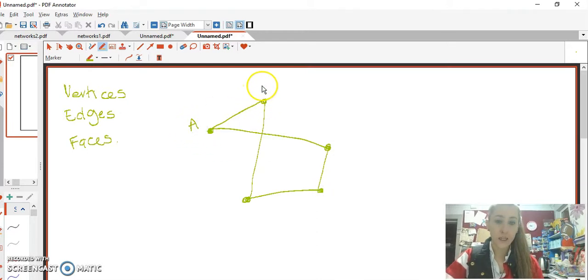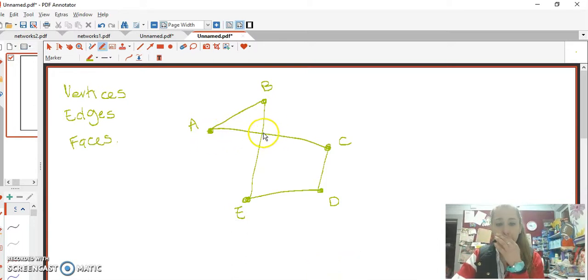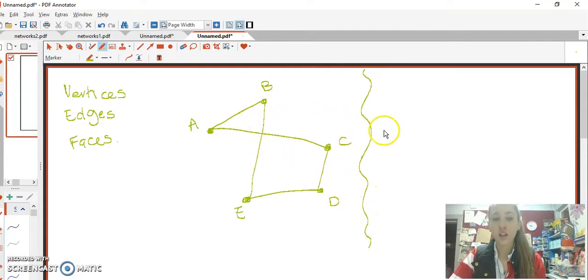So we've got A, B, C, D, and E. It's just worked around clockwise, luckily. So now I can actually see here that I've got an intersection in my graph, but there's no vertex at that point. So what I'm going to do is redraw it, because I know that when it comes to the faces that this is going to cause an issue.